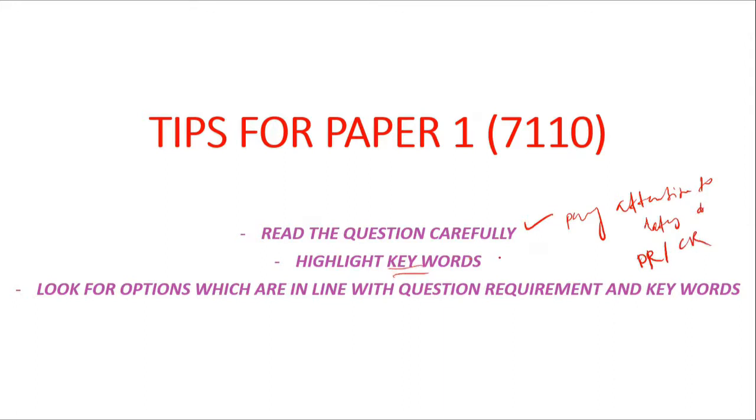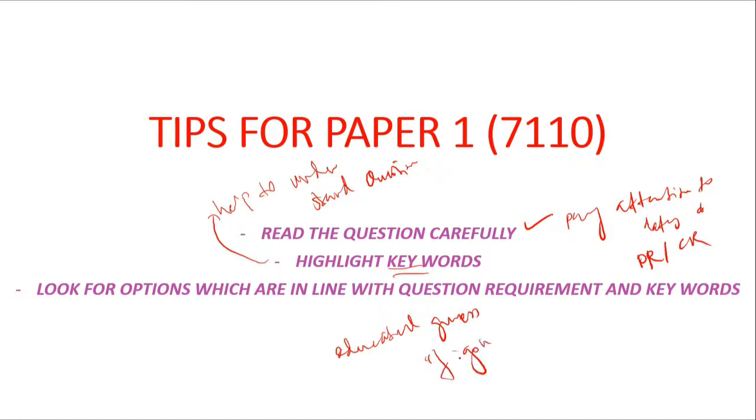You should always highlight the keywords in the question, because they will help you understand the question. And once you have understood the question, you search through the options which are in line with the question requirement and keywords. You can use an educated guess if you need to.